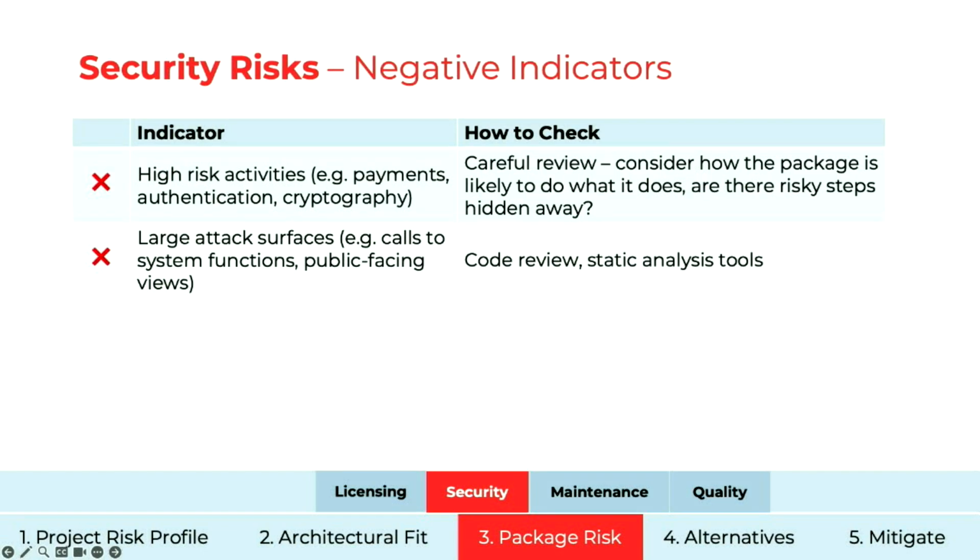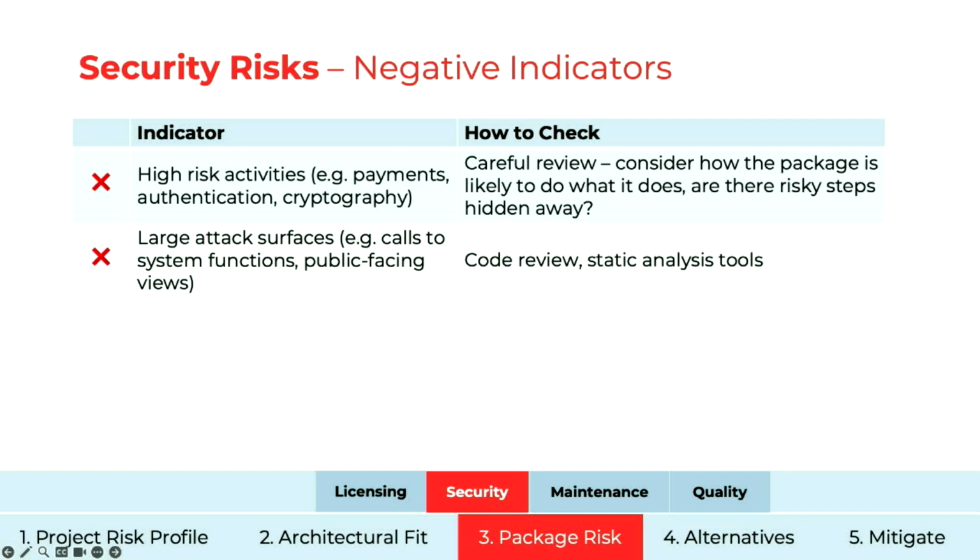Some negative indicators, so some things that are not necessarily deal breakers, but things that can raise the risk of security risks. If a package is doing high-risk activities, so examples here like payment processing, authentication, cryptography, anything to do with cryptocurrencies, that means that package is more likely to be targeted in an attack.